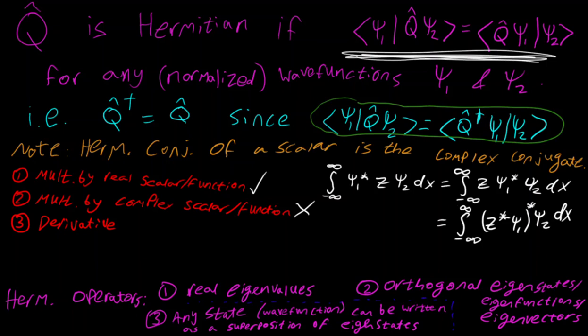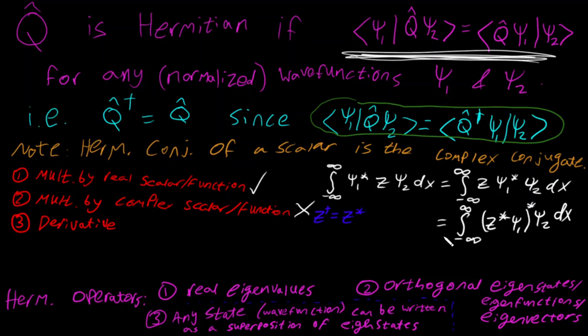So by just comparing this and looking at the integral definition of this equation, hopefully you wrote that down. If not, go back, write it down, compare it to this, and you'll see, in fact, something pretty cool. Z Hermitian conjugate is equal to z star. Okay, so we're going to go back and use that.